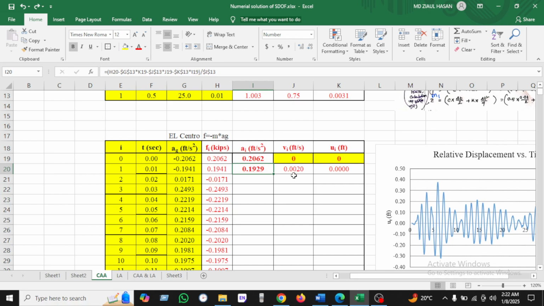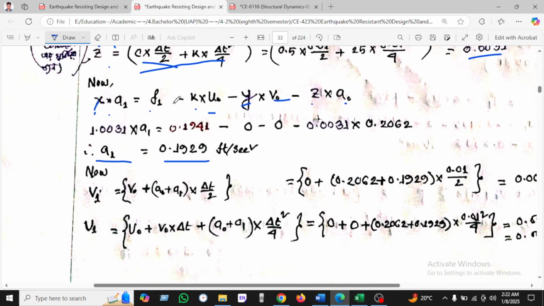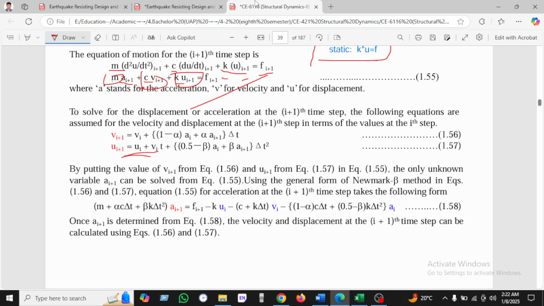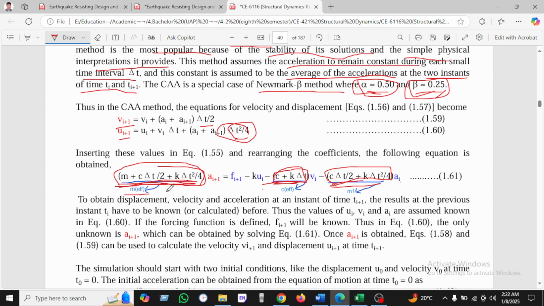Now how will we get the other a? The other a is found from this equation. So let's see how we'll get the a.